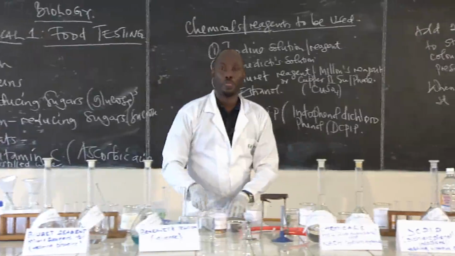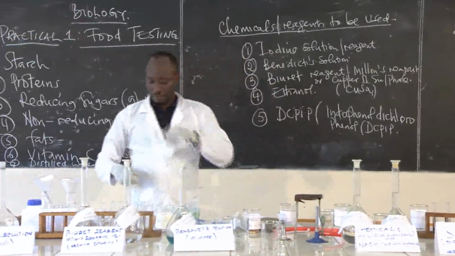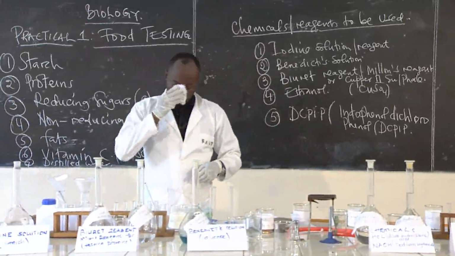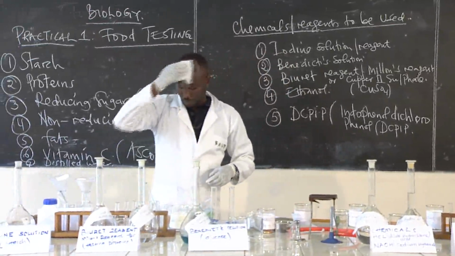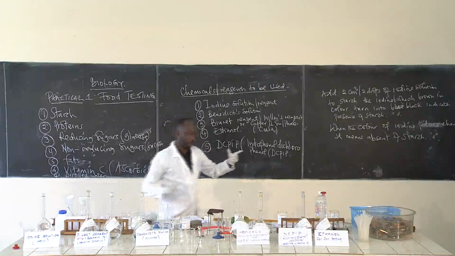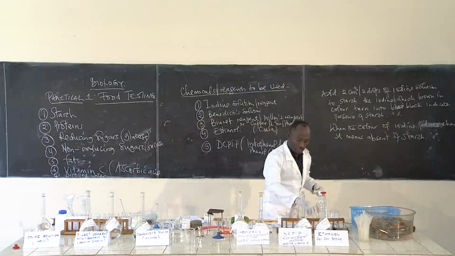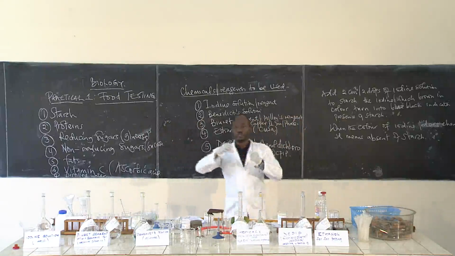Number 2, we're going to test for proteins. What do we use to test proteins? I will use, again, the same apparatus. I will use two test tubes. You see the test tubes?